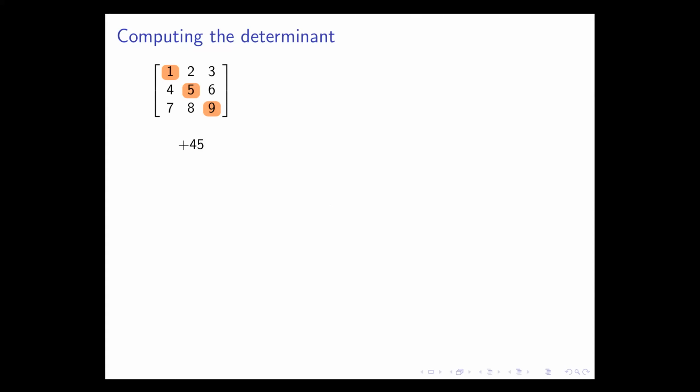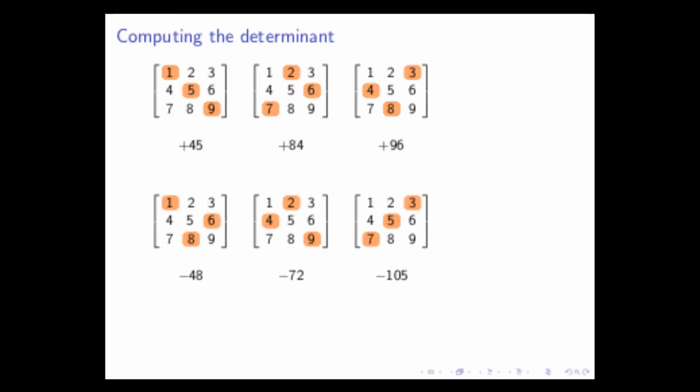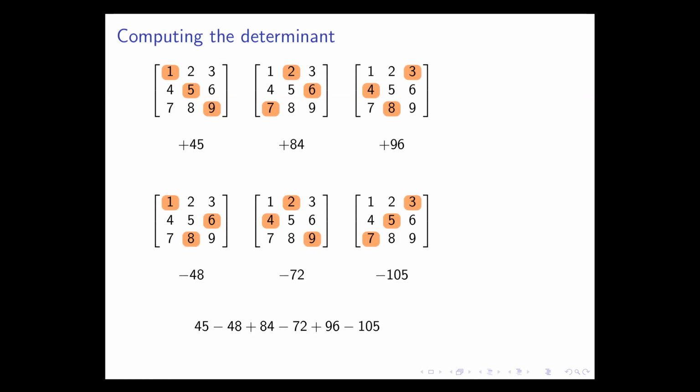Right. So we have 1 times 5 times 9 plus 8 times 2 times 6 plus 2 times 6 times 7 plus 3 times 4 times 8, minus 48 minus 72 minus 105. Can you add this together? What is it?